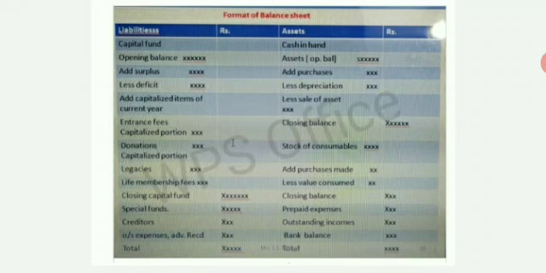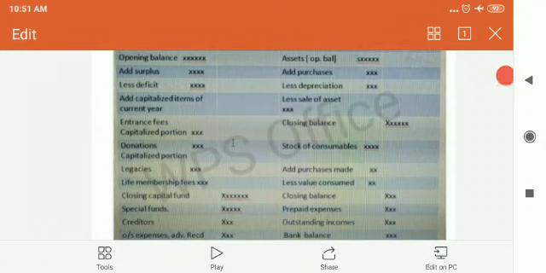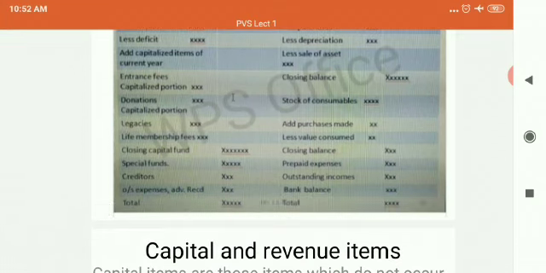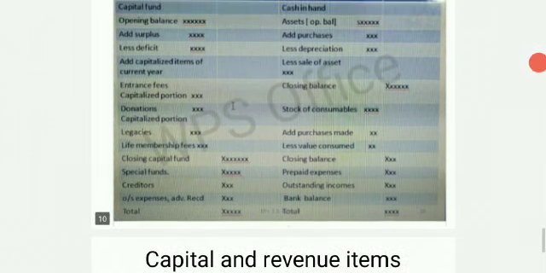Add the capitalized items such as entrance fees, donations, legacies, life membership fees, etc. The resultant figure, take it in the outer column and we call it the closing capital fund. Take the creditors, special fund, outstanding expenses and advance received on the liabilities side.